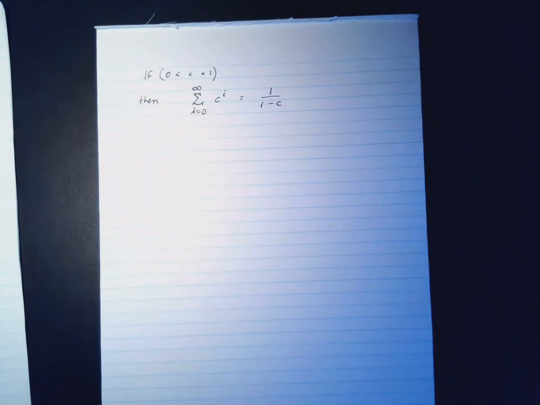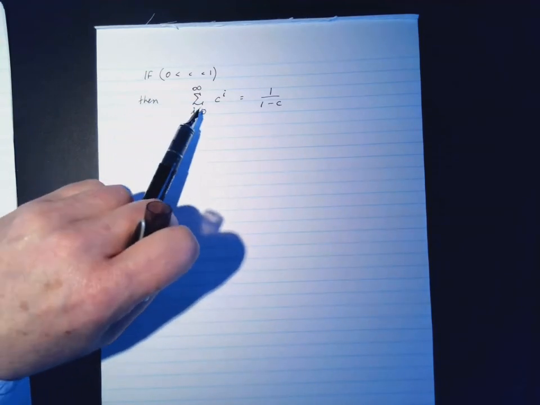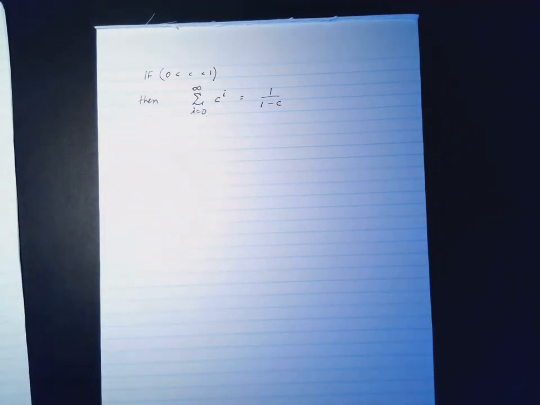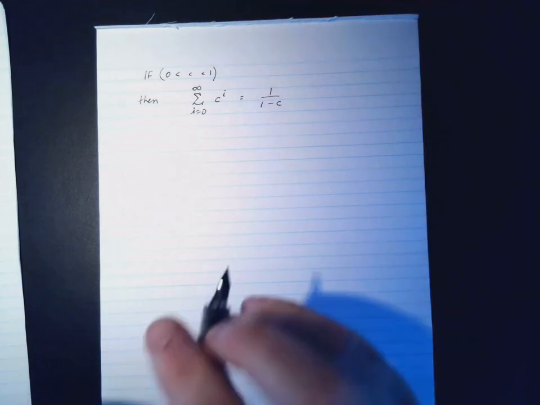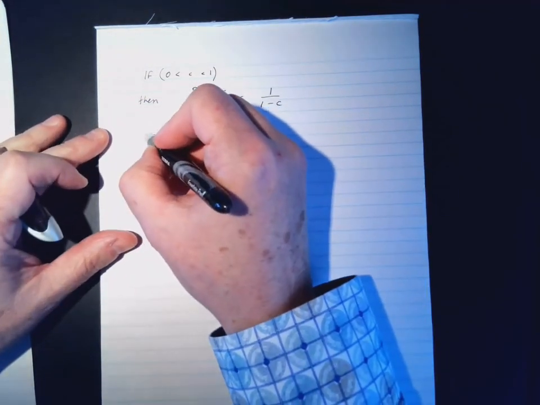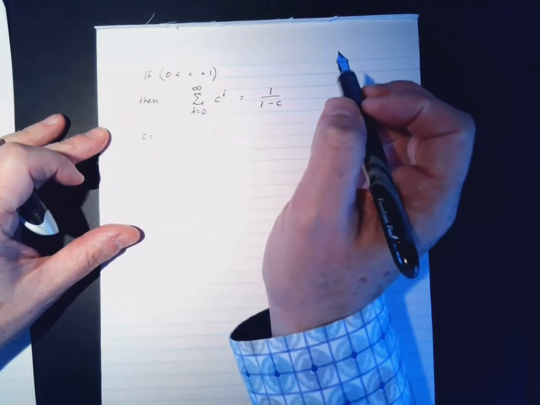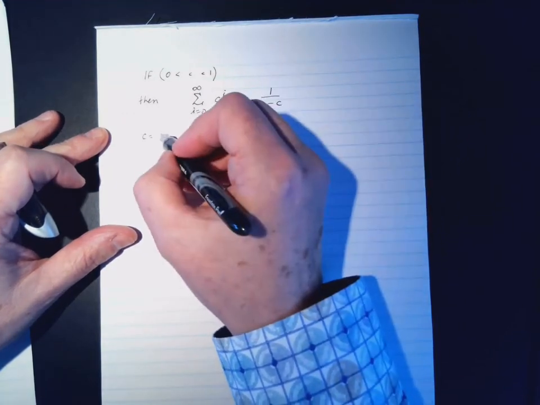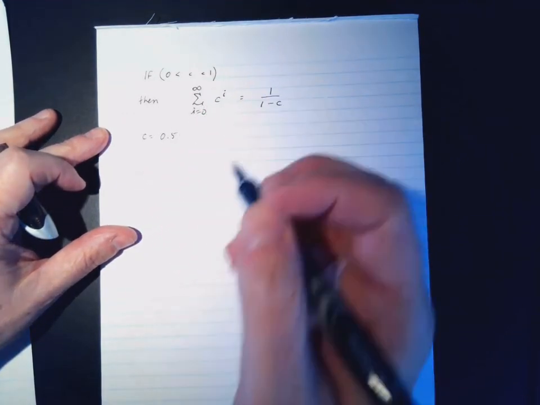So that's one of the clever little mathematical results for infinite series. If you're adding up that series, let's say c is 0.5. That's an easy example.